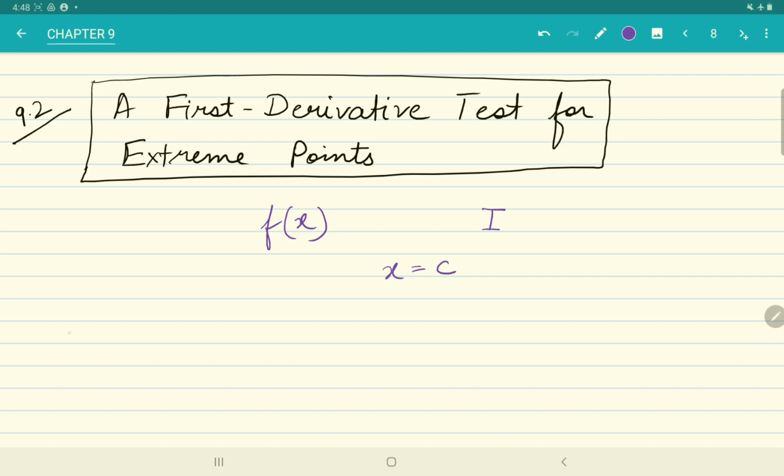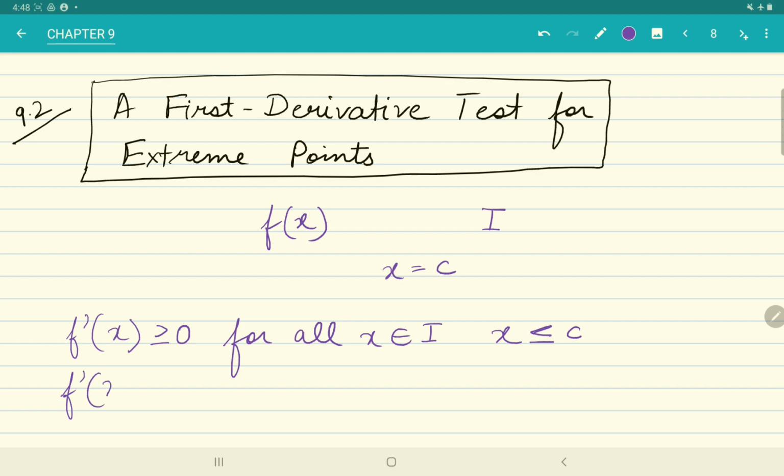Now if we have f prime x greater than equal to 0 for all x belonging to the interval I, but we keep this in mind that x is less than equal to little c, and if we have f prime x less than equal to 0 for all x belonging to I, such that x is actually greater than equal to c.